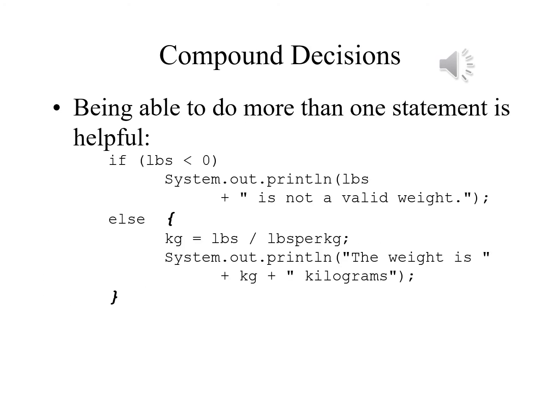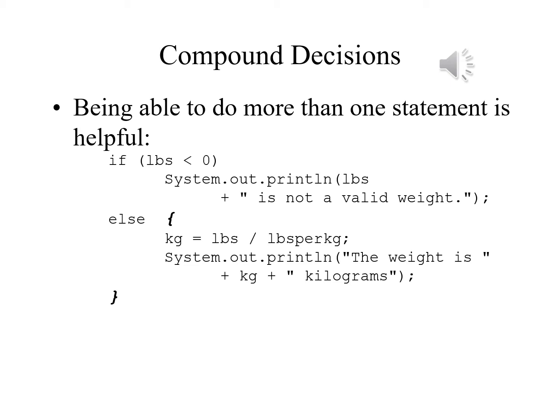On a large number of occasions, if there is an if statement or an if-else statement, there may very well be more than one statement that you want to do if the condition is true, or conversely, if the condition is false. To make sure that both of these statements are included as part of the else or as part of the if, what we can do is put braces around them.